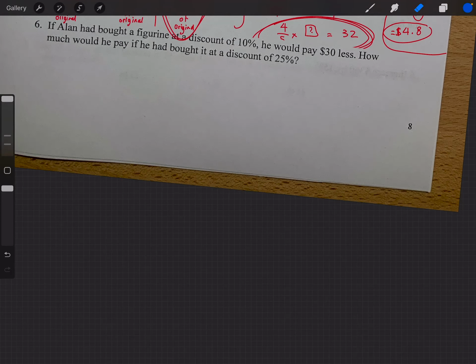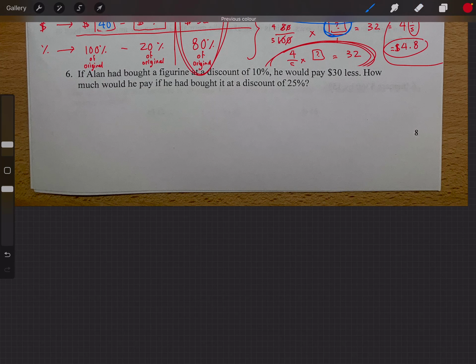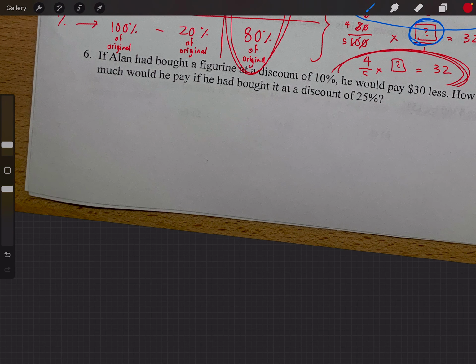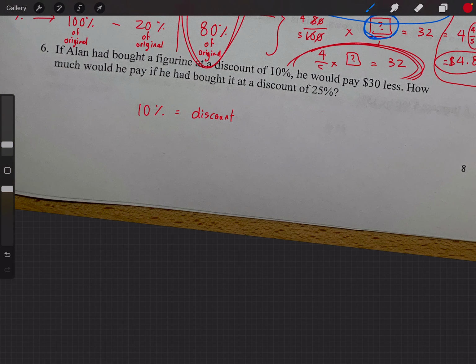Question 6. If Alan had bought a figurine at a discount of 10%, he would pay $30 less. Okay. So if Alan had bought a figurine at a discount of 10%, so 10% is your discount. And he would pay $30 less. So that means that $30 is your discount, isn't it?